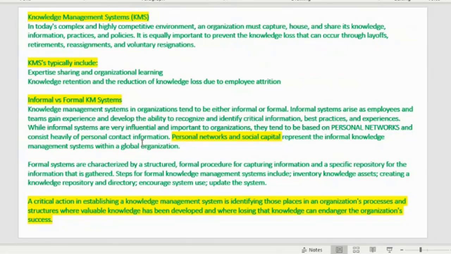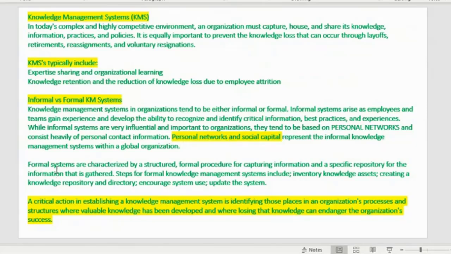Now, informal systems are very influential and they are important to organizations, but they tend to be based on personal networks and they rely heavily on personal contact to get that information. Now, personal networks and social capital represent the informal knowledge management systems within most organizations, including global organizations.